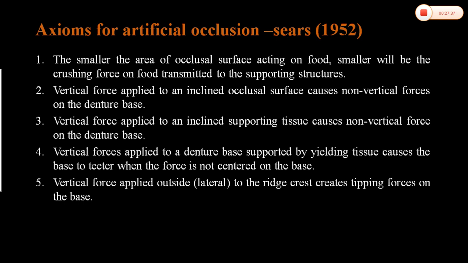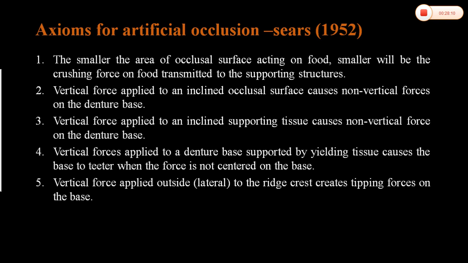For example, if you set your second molars in the mandibular denture onto the retromolar pad. See, as you move posteriorly on the mandibular ridge, as you go beyond the second molar and approach the retromolar pad, it will be inclined, steep in nature.